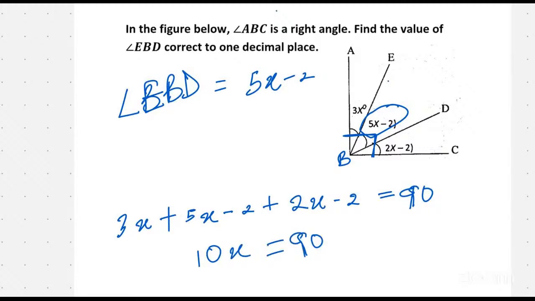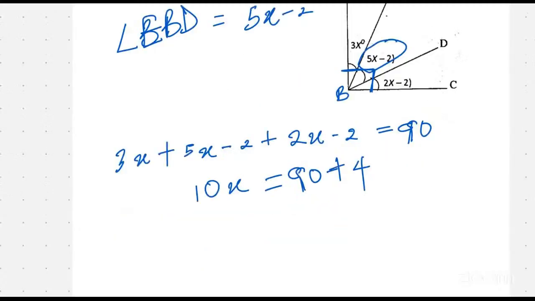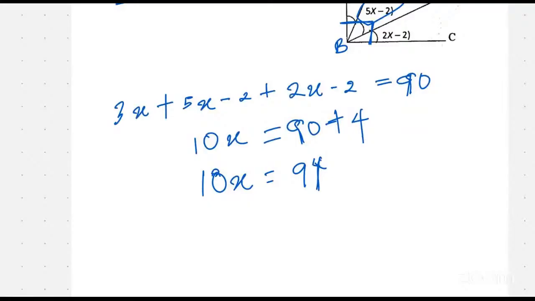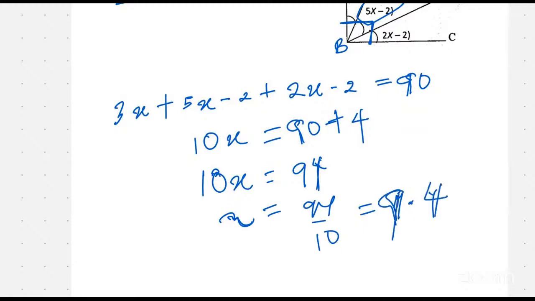When you take it to the right-hand side, it becomes plus 4. So 10x is equal to 94. Now x is equal to 94 over 10, and that's 9.4. That's the value of x.